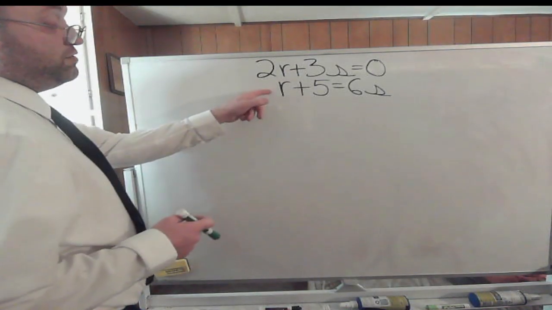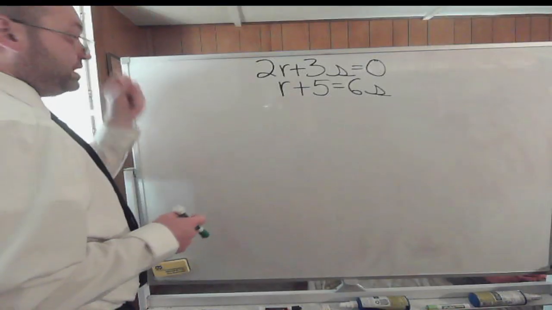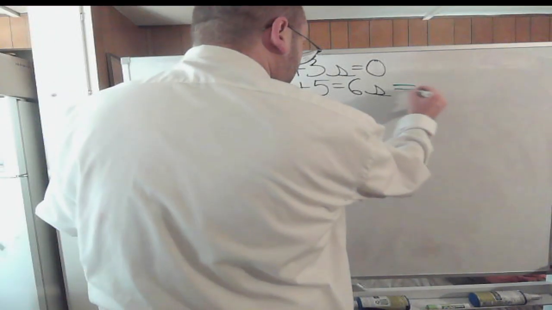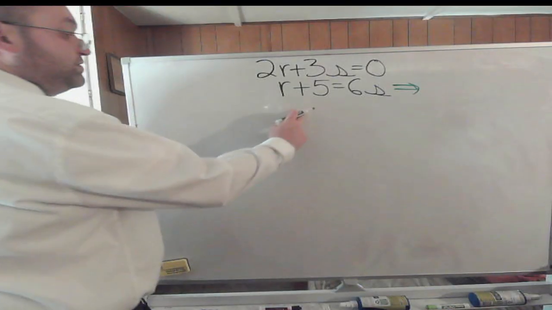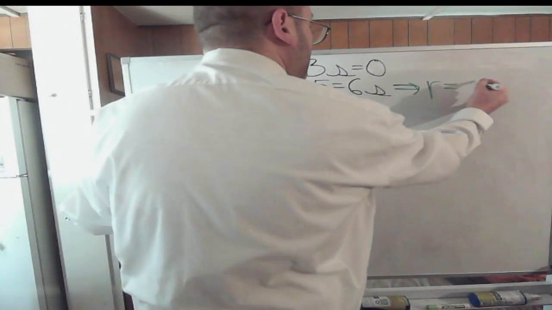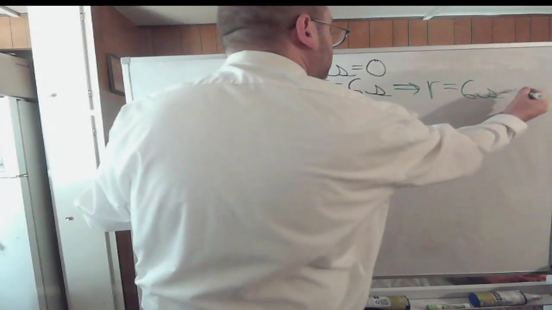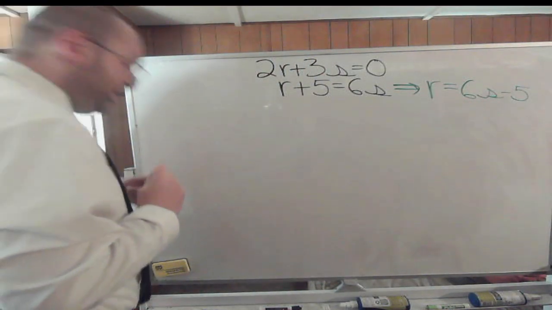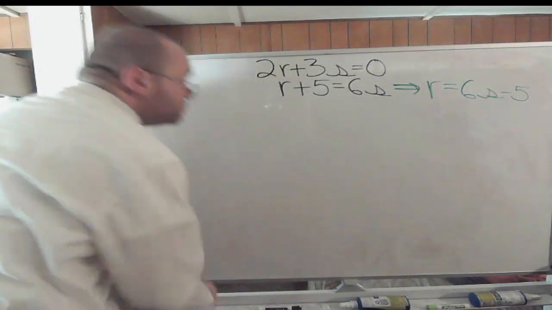Well, we see a coefficient of 1 on the r. We can pretty much make that our substitution equation. All we're going to have to do to get r by itself is subtract 5 from both sides. If you do that, you get r equals 6s minus 5. That can become your substitution equation.